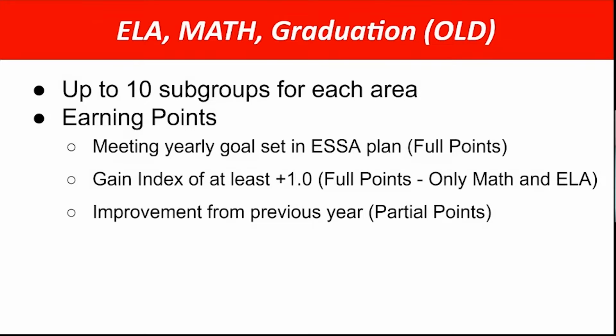So +1 or greater, they could get the full 100 points for each subgroup. And then the last thing is if they showed improvement, and you could do this for ELA, for math, or for graduation. If you didn't quite meet the goal, but you showed improvement from the previous year, then you got partial points depending on how close you were to that goal.